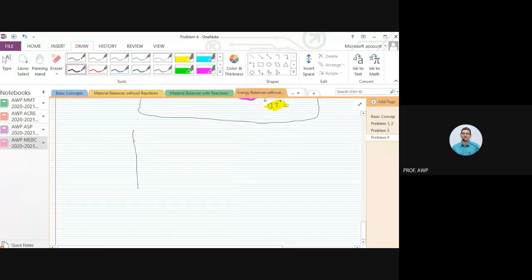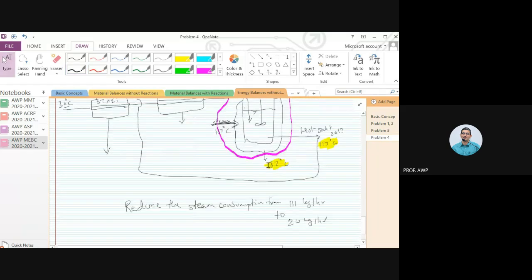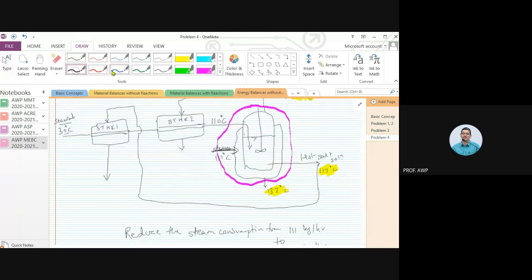I have been able to reduce the steam consumption from 111 kg per hour to maybe, let's say, 30, 40 or 20 kg per hour. But I have used up additional equipment.